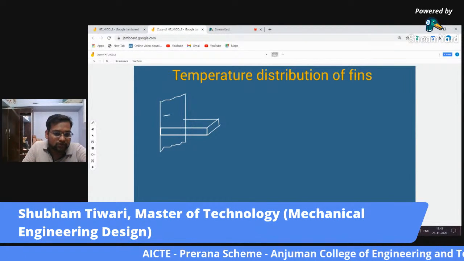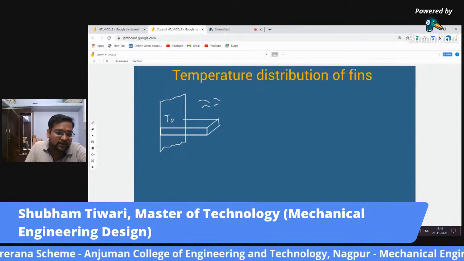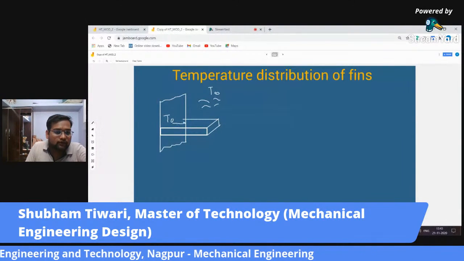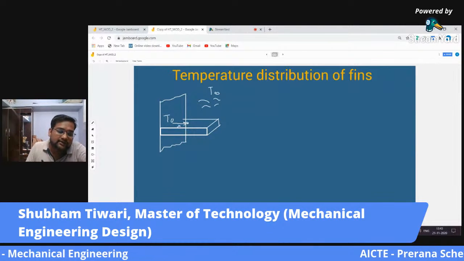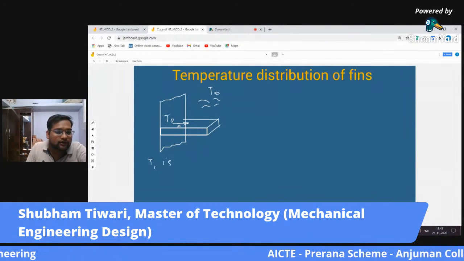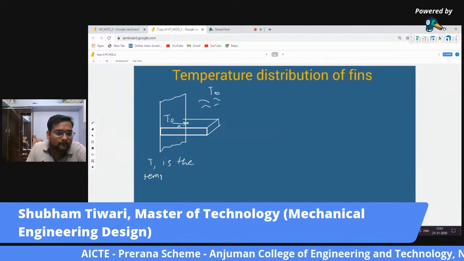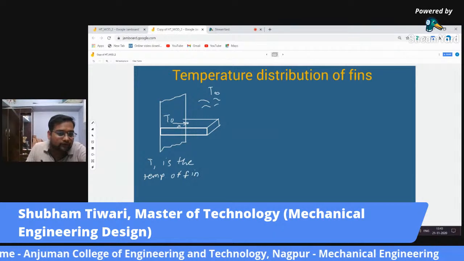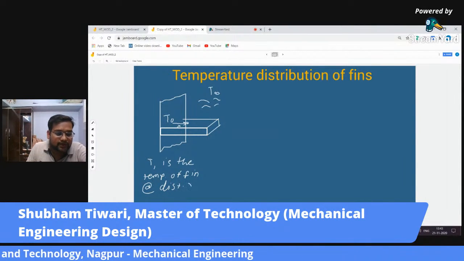As I told you, the root temperature is T naught, the ambient temperature is T infinity, and we want to find the temperature at distance x. Let us say T1 is the temperature of the fin at distance x.